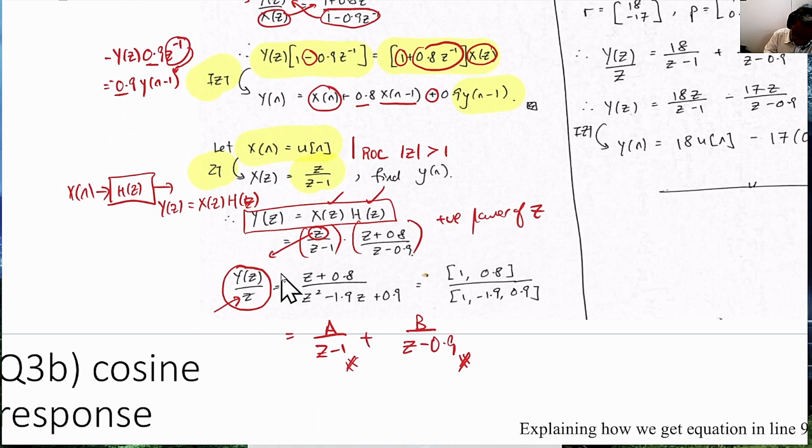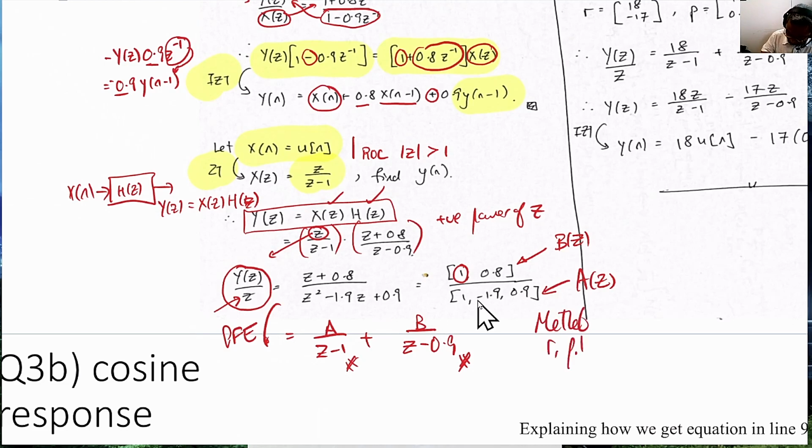This is basically performing partial fraction expansion, and what you see is that I first represent this as B(z) and A(z) as coefficients in positive powers. So this 1 here is the 1 in front of z, 0.8 is to the power of z to the power of 0, this 1 is to the power of z squared, minus 1.9 and 0.9. Once we have it in this form, then we can use MATLAB.